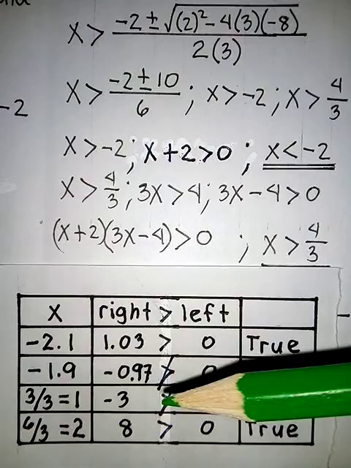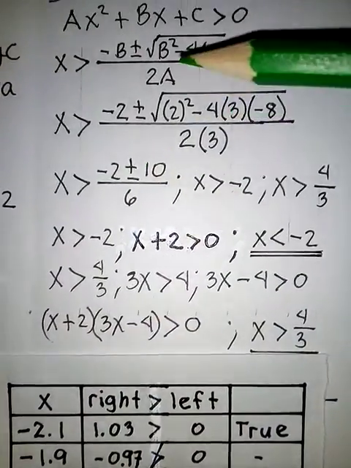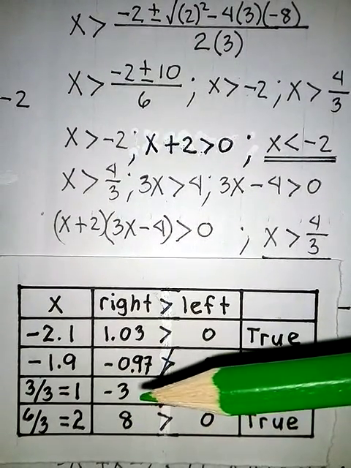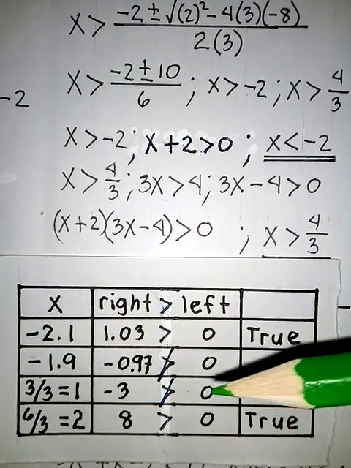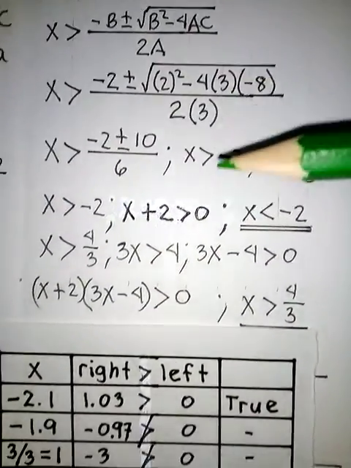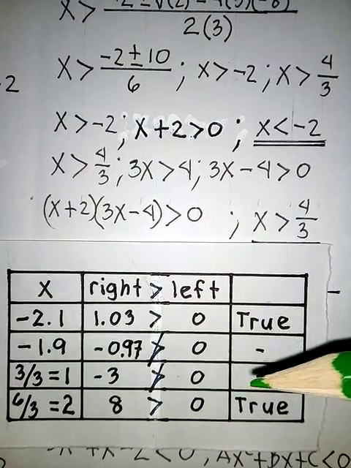If we substitute 1 into the original equation, on the right side we will get a value of negative 3, and of course the left side is 0. So, this is not true. Negative 3 is not greater than 0.